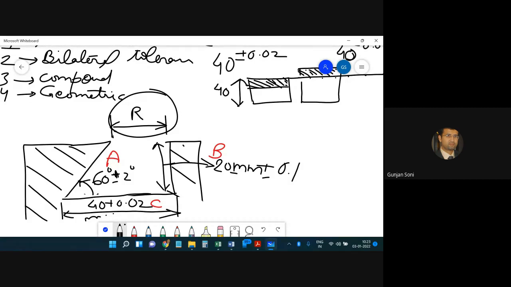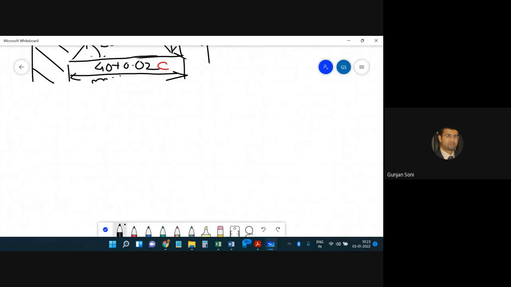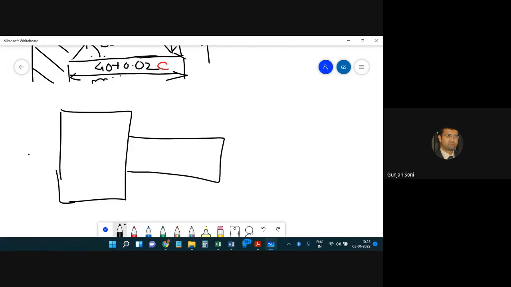Now, geometric tolerance has too much variety. Let's say this is your kind of a shaft. Now, this is cylindrical, and is it possible to make it 100% concentric?